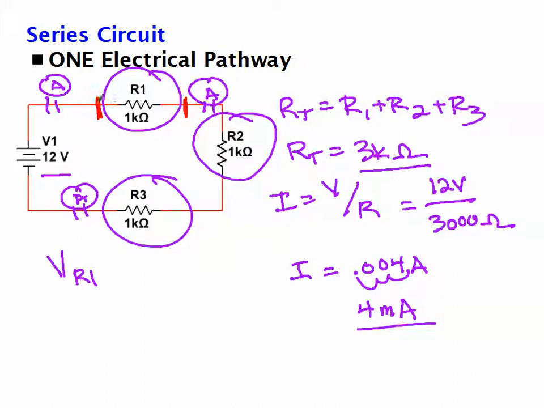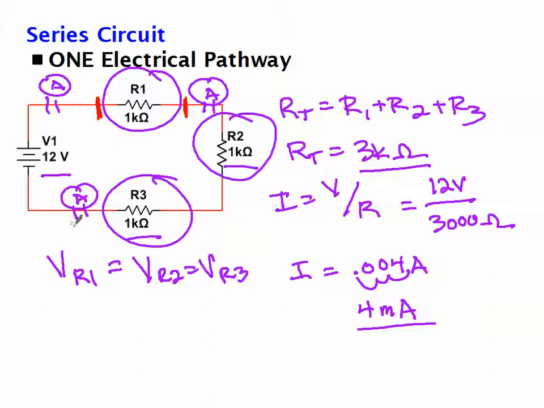That means the voltage will drop 1/3 across this resistor, 1/3 across this resistor, and 1/3 across this resistor. So in that case, we can say VR1 equals VR2 equals VR3. Because the resistance is the same, the voltage drop across each resistor has to be the same.